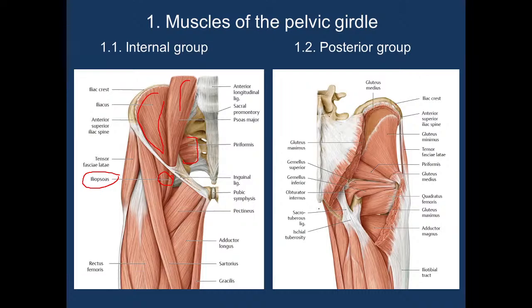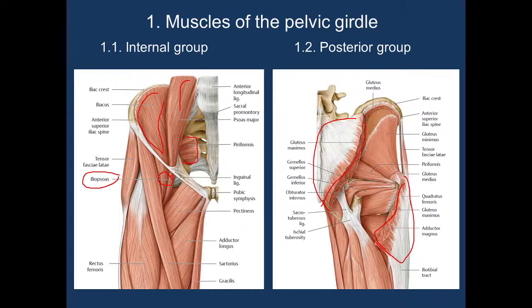The posterior part of the pelvis is the place where we find strong gluteus muscles. There are three gluteus muscles. Maximus, you see it here. This is the gluteus maximus.